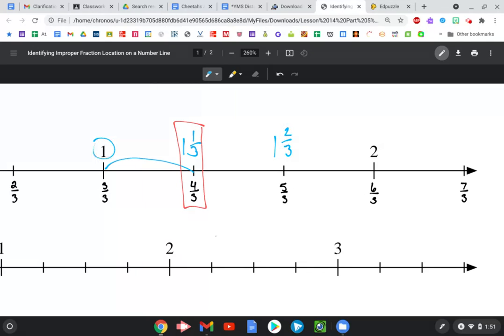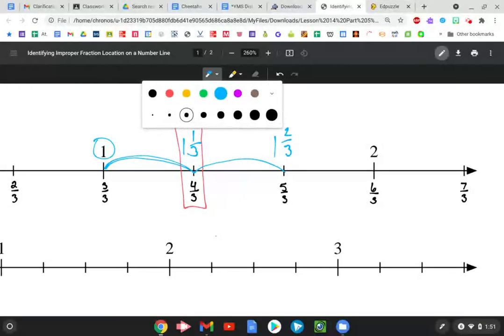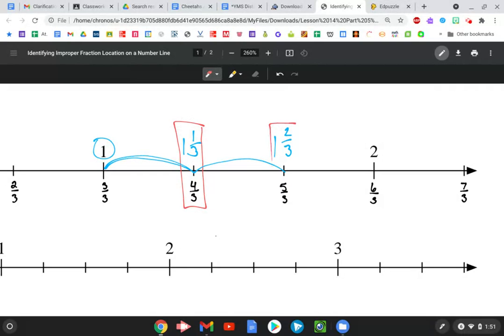So we have the 1 here plus 2 more thirds. And 1 and 2 thirds and 5 thirds are equivalent names. They are the same number. They take the same location on the number line.